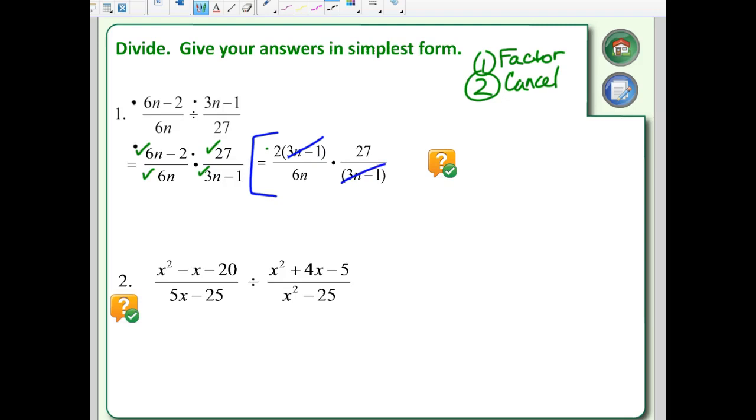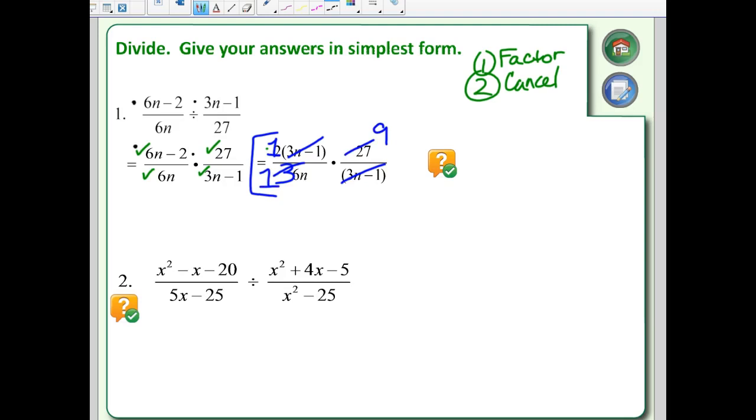Did you realize I can also simplify this fraction? I took 2 over 6 and reduced it to 1/3, so this becomes a 1 and this becomes a 3. Now this 3 will cross-cancel with the 27 and give me a 9.